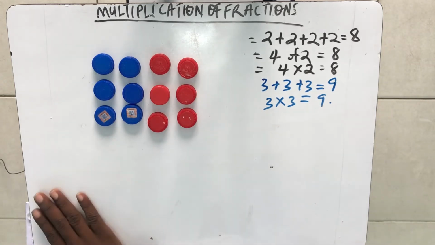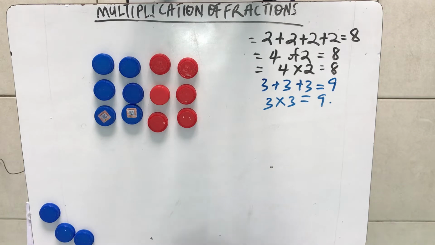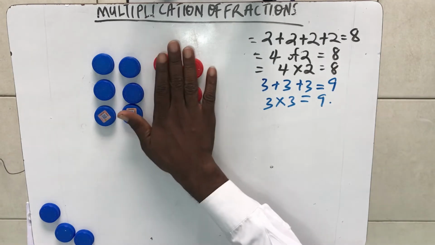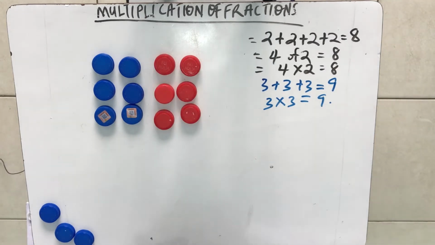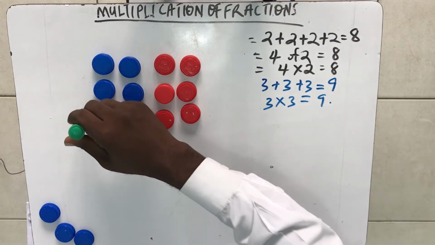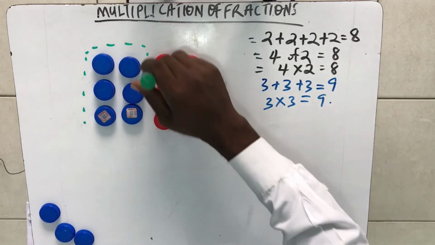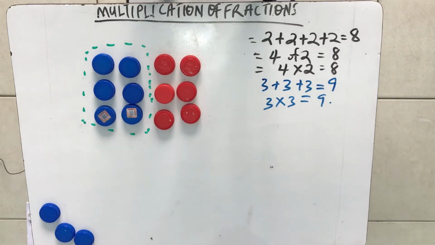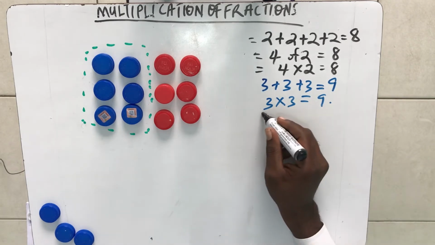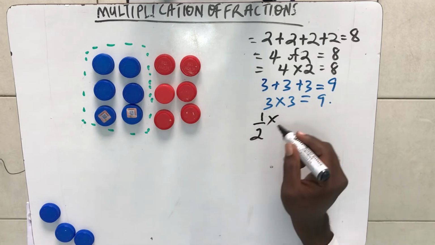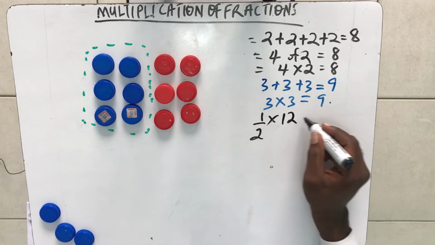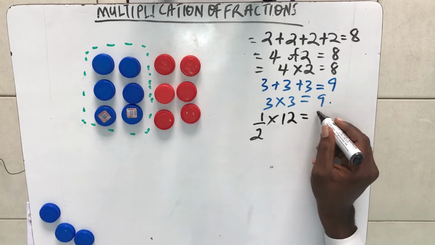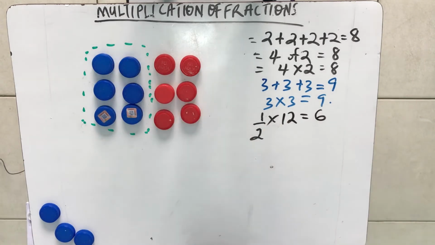And without using any knowledge in maths, you are asked to give half of the total we have here. Half is going to be like this. So half is just the blue covers. Therefore, half of 12 is going to be 6 blue bottles.